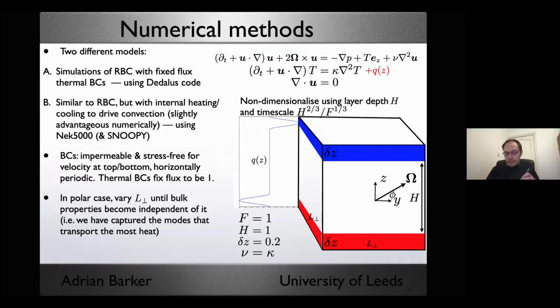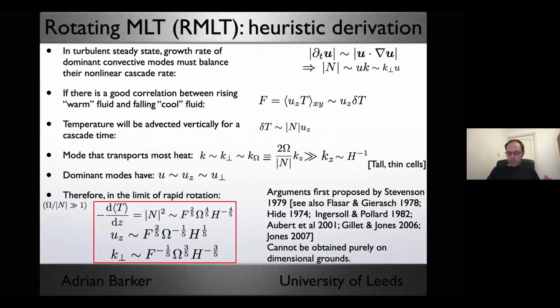So in all of our simulations, I haven't been explicit on this slide, but I should have been, we use a Prandtl number of 1. So that means the viscosity and thermal diffusivity are equal. So the physical parameters in the simulation are purely the rotation rate and the viscosity. It's equivalent to using a Rayleigh number and an Ekman number, but for the purposes of testing these scaling laws, we intentionally didn't use that, so we could view these more simply.